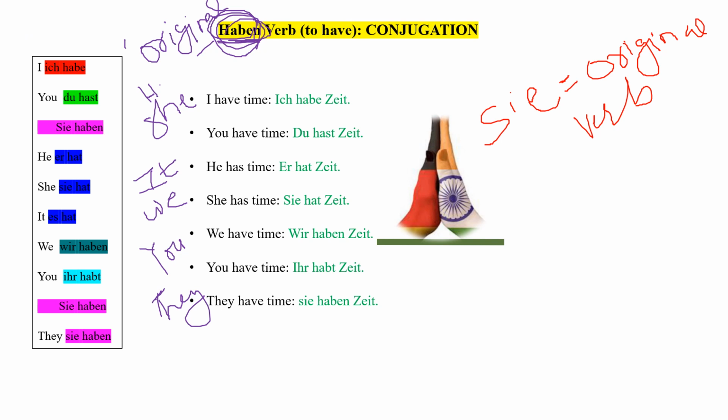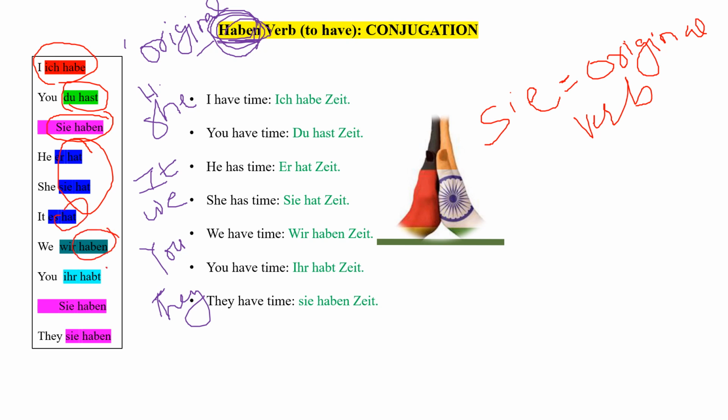Okay. So this is all about the conjugation of haben. You can memorize it. The simple formula is: ich habe, du hast, Sie haben. Okay, this is formal. He, she, it, er, sie, es, it will take hat. Similarly, wir haben.